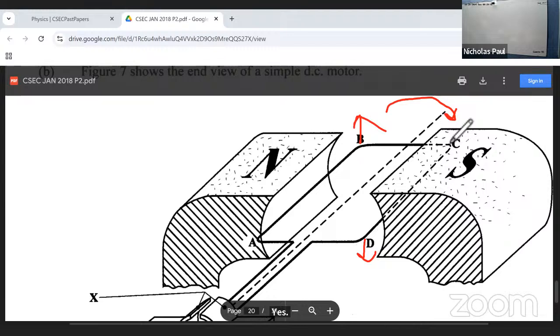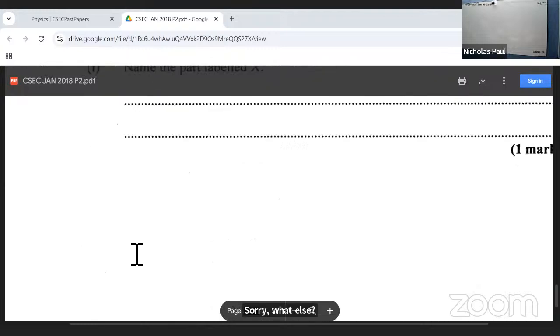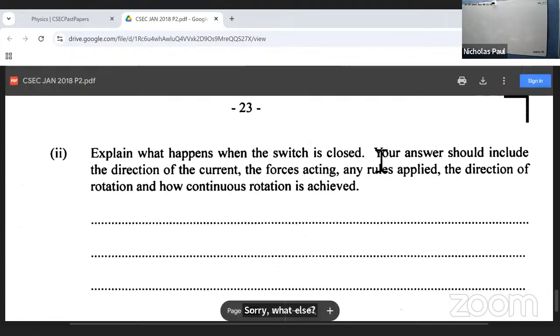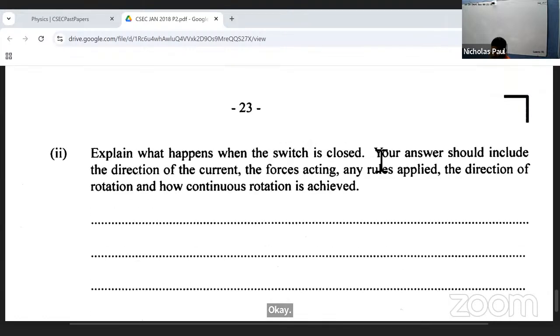What's the next thing after that? Go ahead, write everything. So we work out the force and we see it moving clockwise.